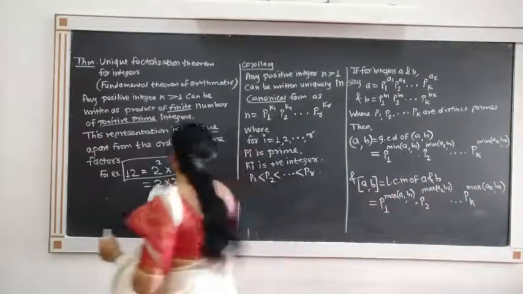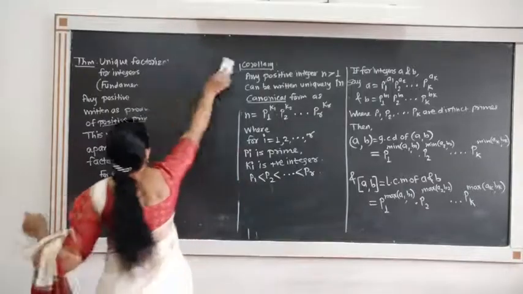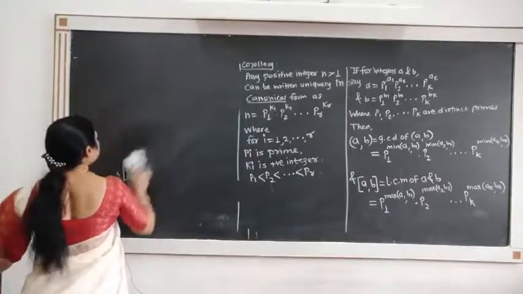So these are the formulas for least common multiple and greatest common divisor.